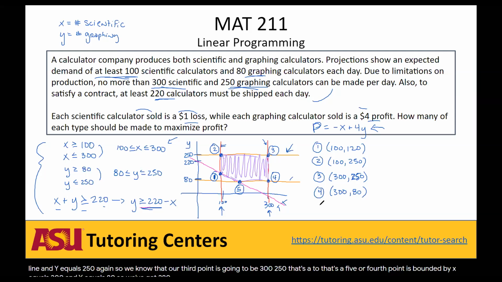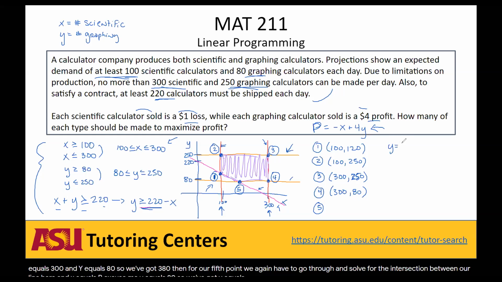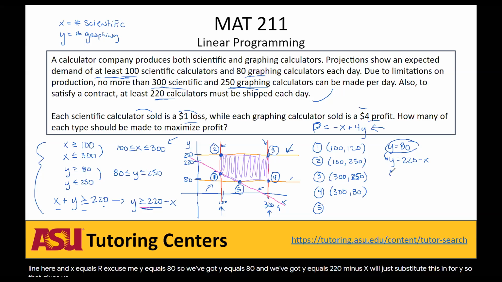And then for our fifth point, we again have to solve for the intersection between our line here and y equals 80. So we've got y equals 80, and y equals 220 minus x. We'll just substitute this in for y. That gives us 80 equals 220 minus x.